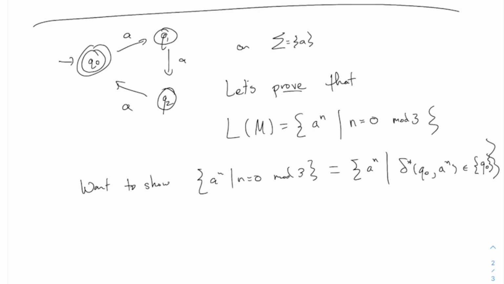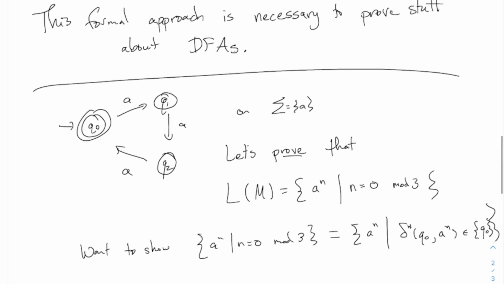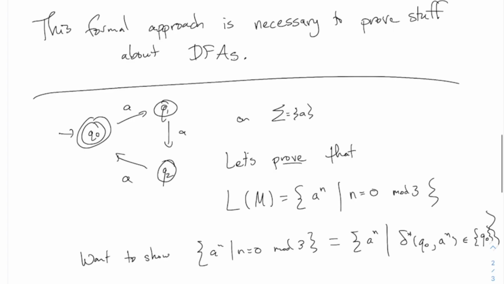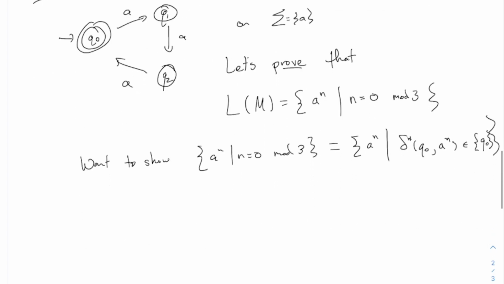Sorry, I kind of ran out of room over there, but I'm trying to copy down the formal definition of what L(M) is. It's off my screen at this point. It says δ*(q0, x) is in the set F. In this case, every possible x is just going to look like a^n.